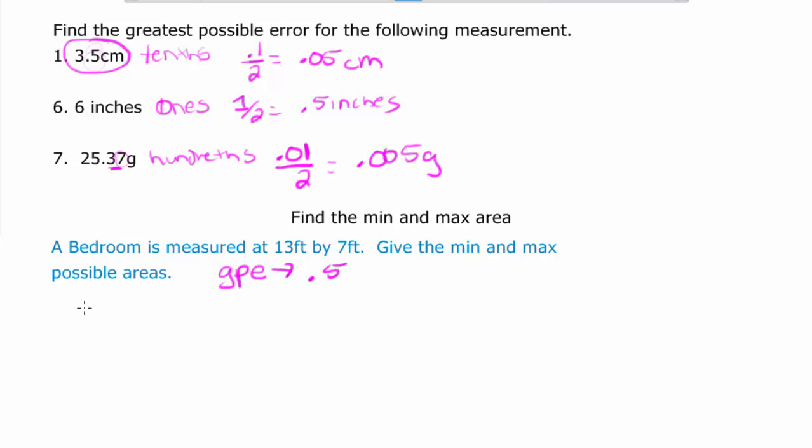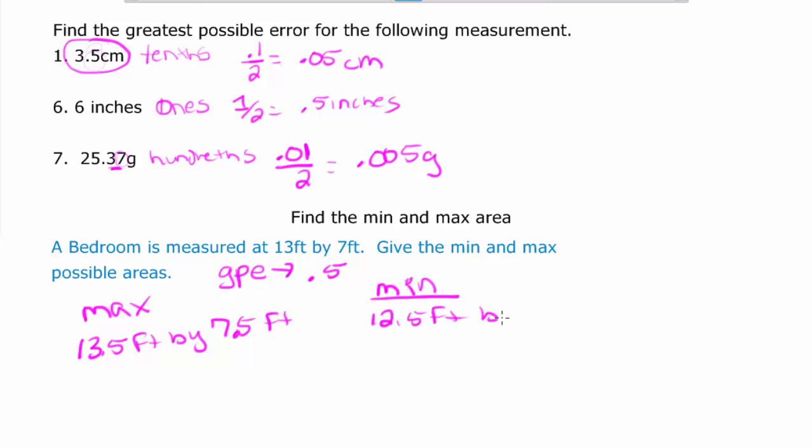For our max, how big could it be, you would just add 0.5. So it would be 13.5 feet by 7.5 feet. The minimum, you're just going to subtract 0.5. So it could be 12.5 feet by 6.5 feet.